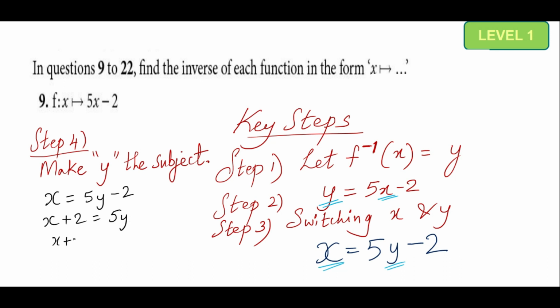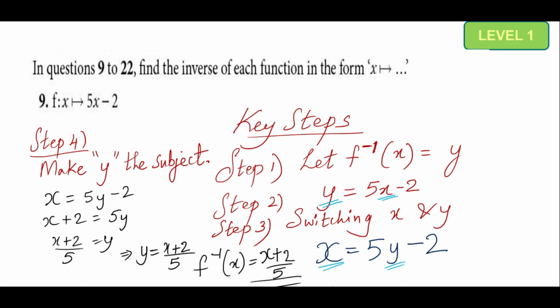It's going to be x plus 2 over 5 is my y. So writing it in the form y equals x plus 2 over 5. We had already assumed in step 1 that let f inverse of x be y. So we can finally conclude that f inverse of x is x plus 2 over 5. So this is your final answer.